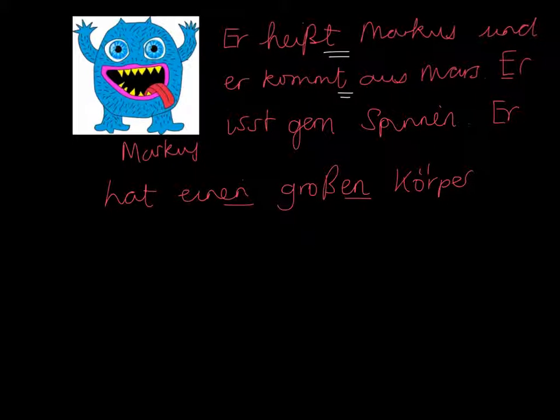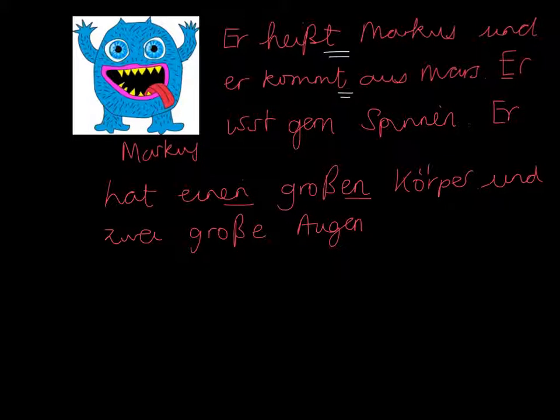Oh, actually, rather than putting the full stop there, I think I'm going to continue and say, and 2 large eyes. We don't need an einen or eine or ein because it's plural, zwei, gross, and the ending is an e because eyes is plural, Augen.